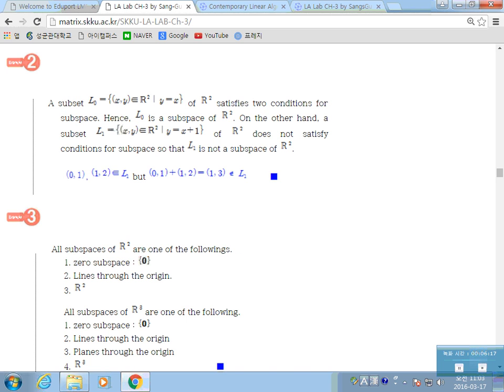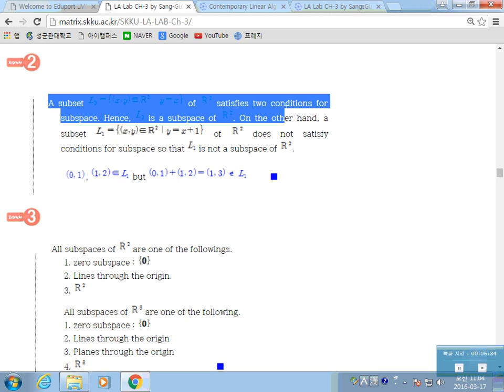Okay, next, consider the set y equals x, a line that passes through the origin in R2. Let's say this is L0. Then it satisfies the two conditions for subspaces.